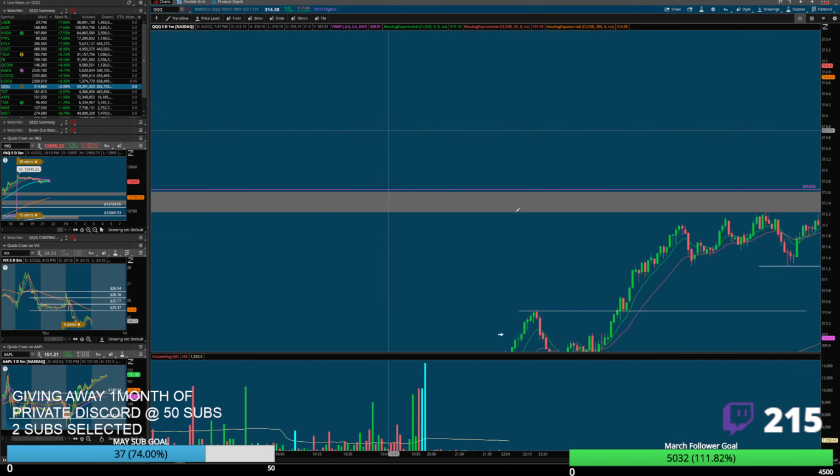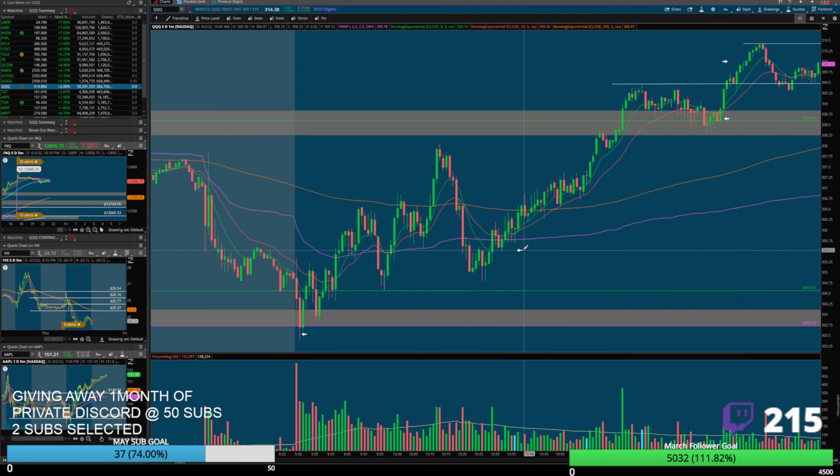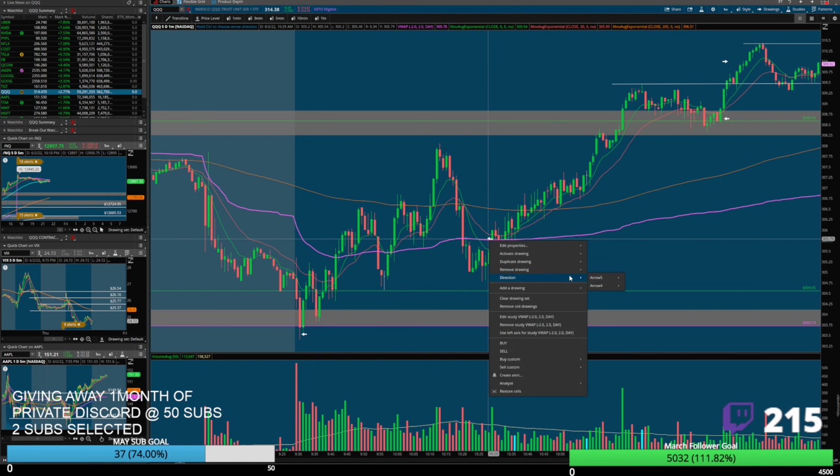So I want to touch on something here, the 308 calls. Okay, so at 10:30, I take them right here where it broke VWAP.